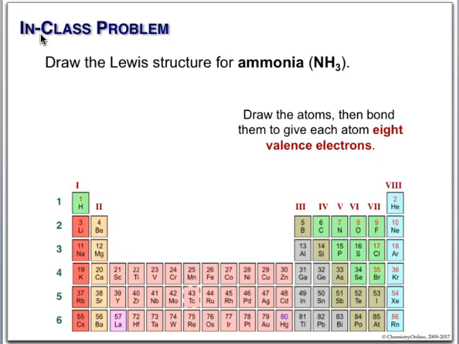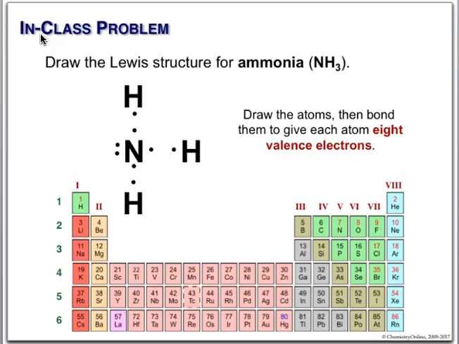So you start by drawing the atoms separately. You would draw something like this. Here's our nitrogen with its 5 electrons. Here's our 3 hydrogens with 1 electron each. Now, what we're trying to do here is to make sure the nitrogen winds up with 8 and the hydrogens wind up with 2. And we're going to do this by forming covalent bonds and sharing electrons.